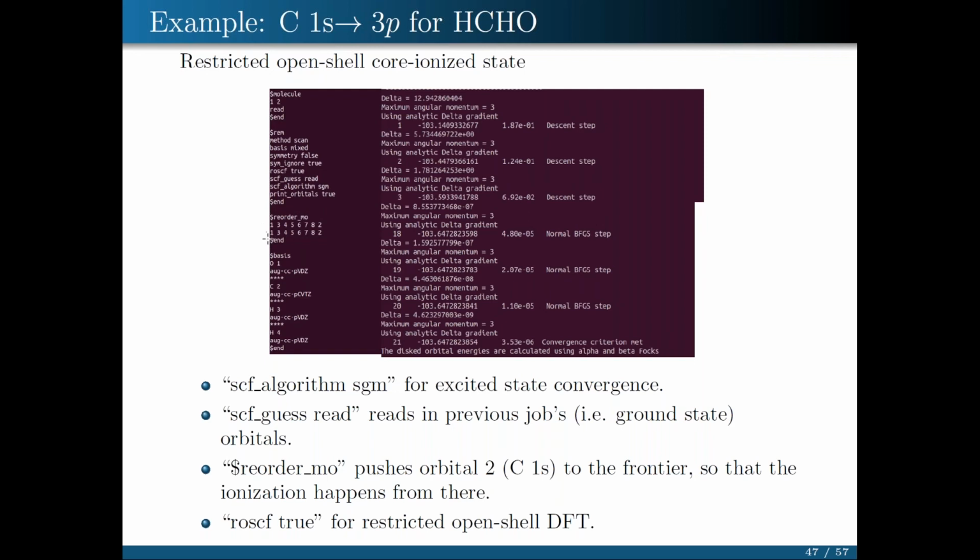Since this is a carbon 1s, we are ionizing out of the second orbital from the previous job, and so we reorder the MOs such that the second orbital is pushed to the frontier, and so that's the one that gets ionized. And we see that it takes a bit longer than I would like normally. It takes 21 steps to converge the core ionized calculation, but it does so without too much trouble, as shown in the relevant sections of the output file on the right.